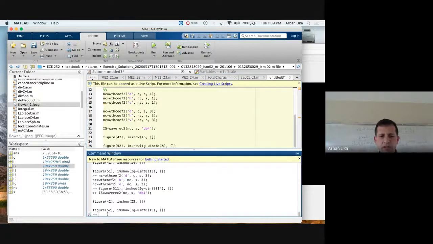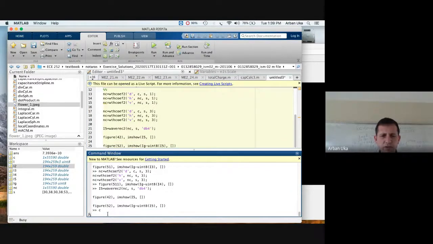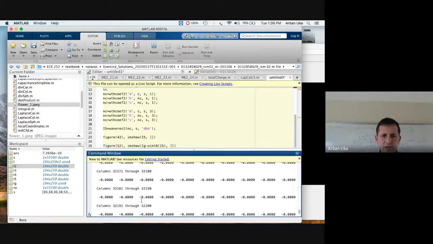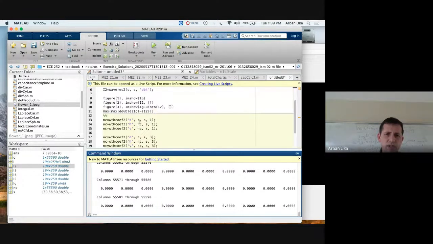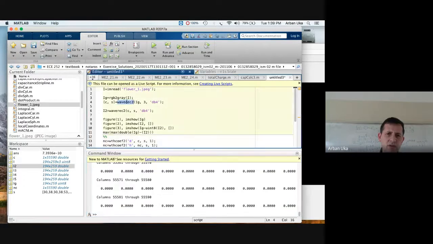And actually, these coefficients C, this is what C is. If we see C, which was applied here for wavedec, for the decomposition of the original image, first of all, it looks like it's a series of numbers, a vector, which is composed of 55,590 different numbers.